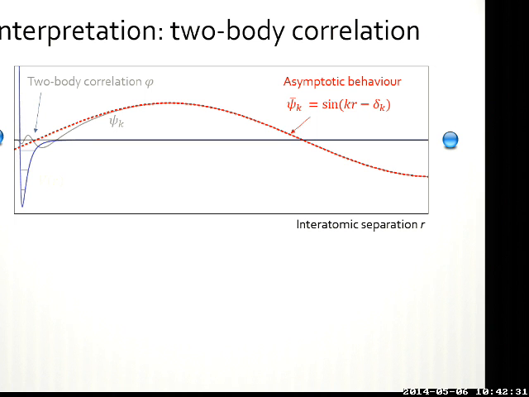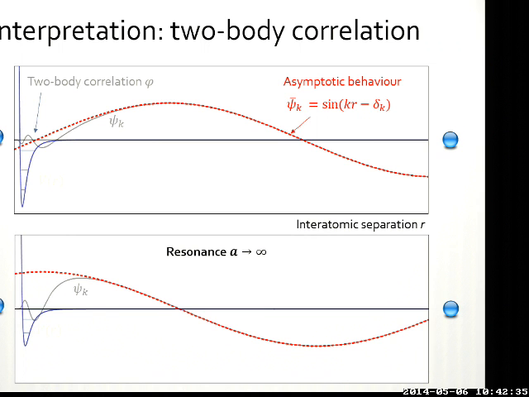Here it doesn't make much difference, but if we look at scattering near unitarity, near unitarity means that this phase is close to pi, which means that the free wave is rather flat close to the origin, which means that the correlation is more pronounced, and we have a strong depletion of probability here.